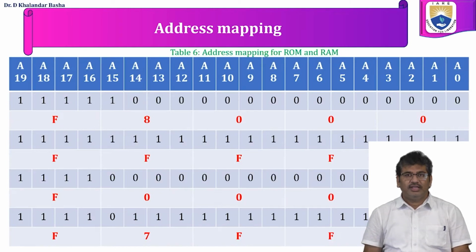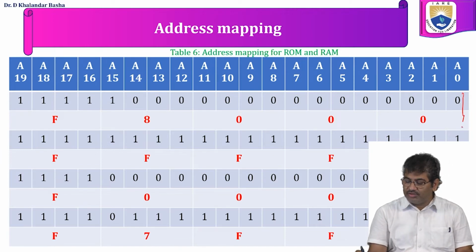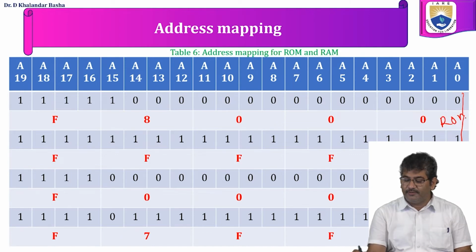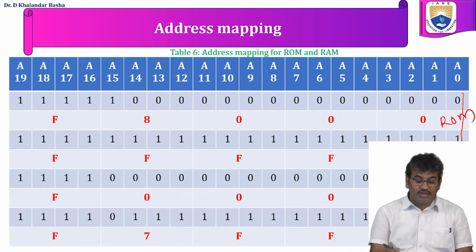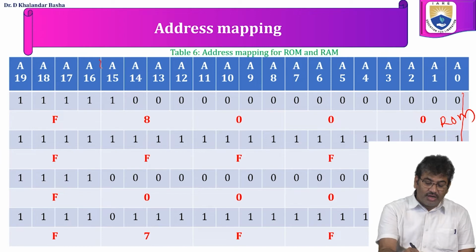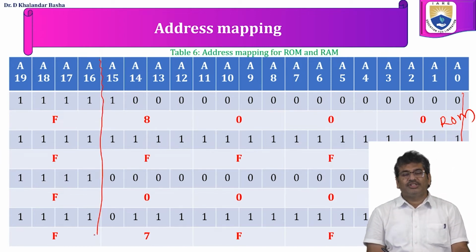By writing this, up to this point these correspond to the ROM address space, and the next block corresponds to the RAM address space. Till now we have done up to A15.